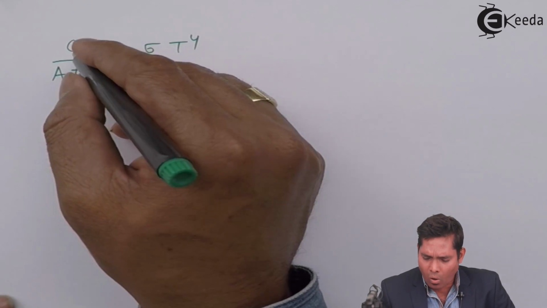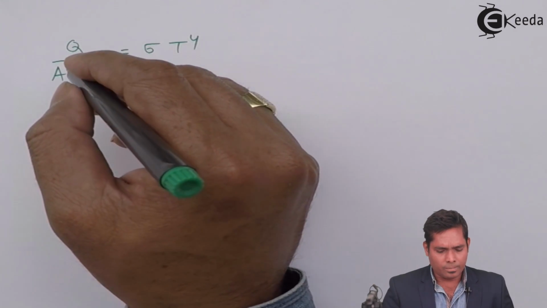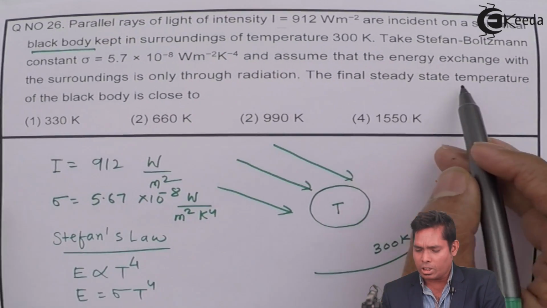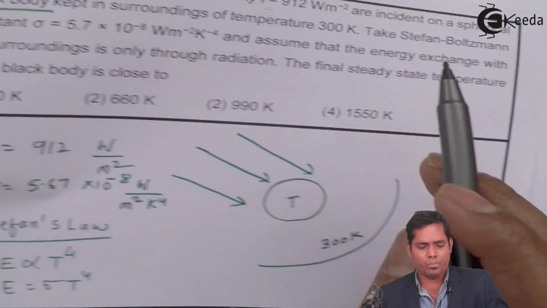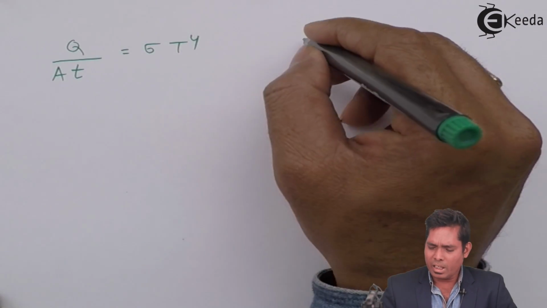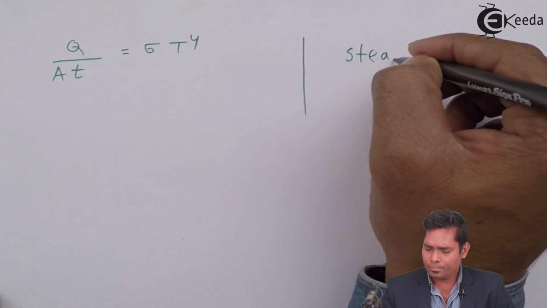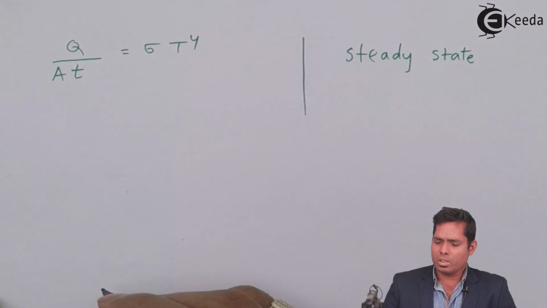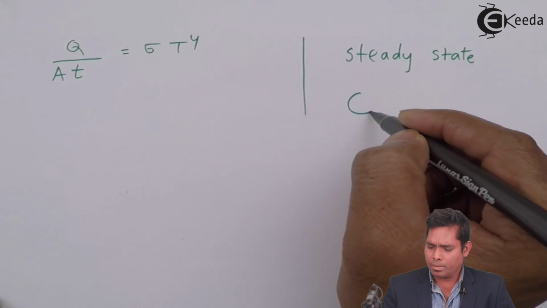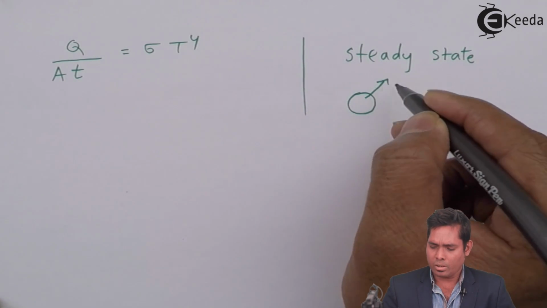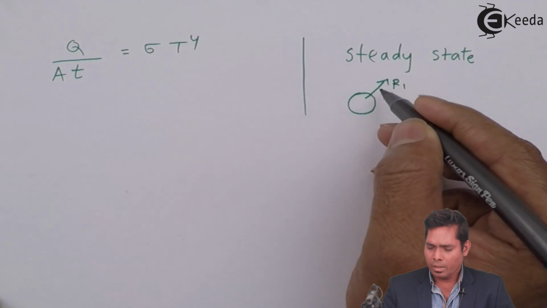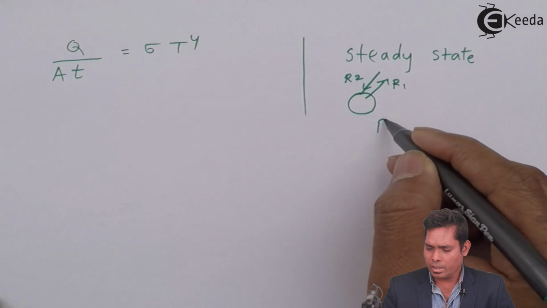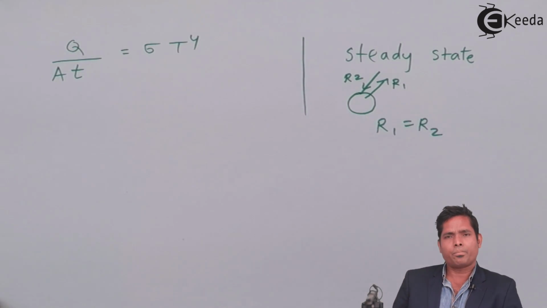Now the final steady state temperature: at steady state, if the rate of emission is R1 and the rate of absorption is R2, then R1 and R2 must be the same.